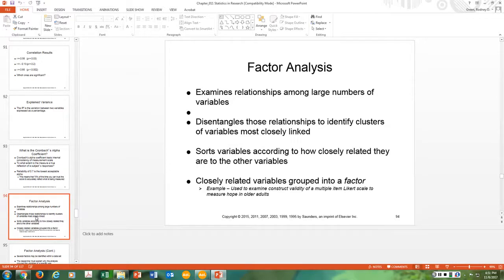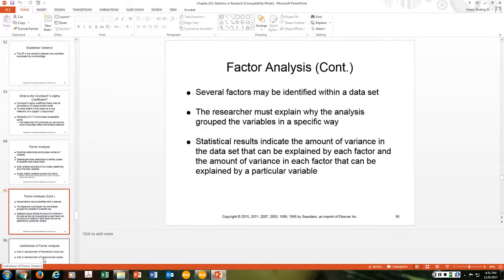So an example is used to examine construct validity of a multiple item Likert scale to measure hope in older adults. Several factors may be identified within a data set. The researcher must explain why the analysis grouped the variables in a specific way.